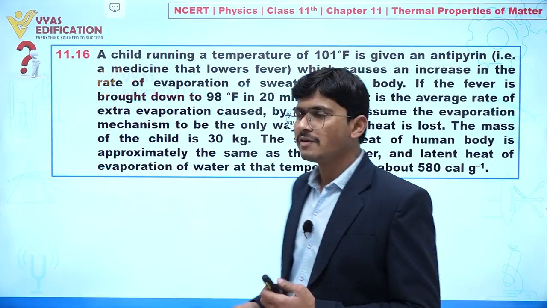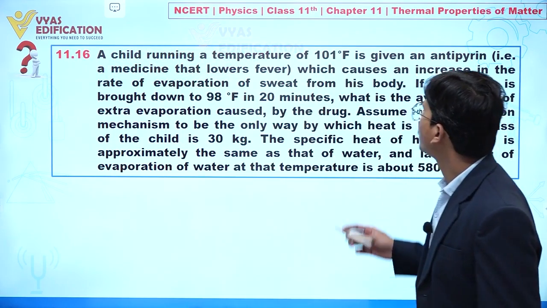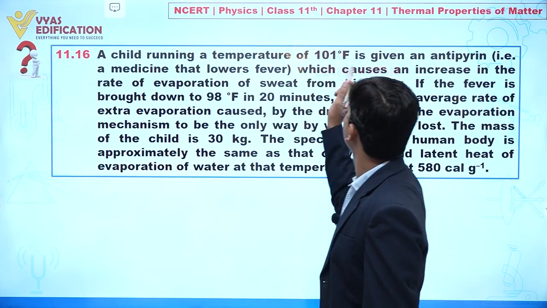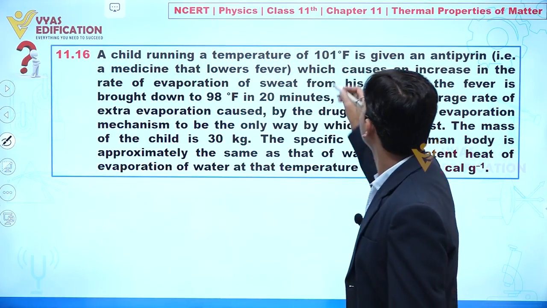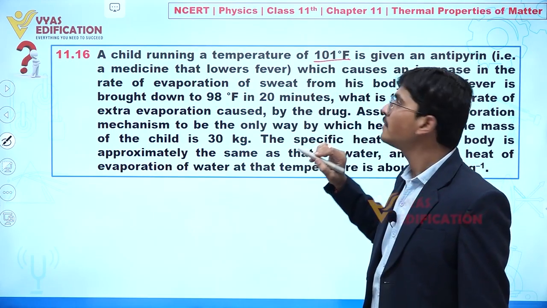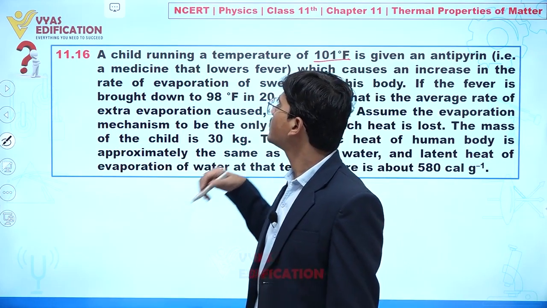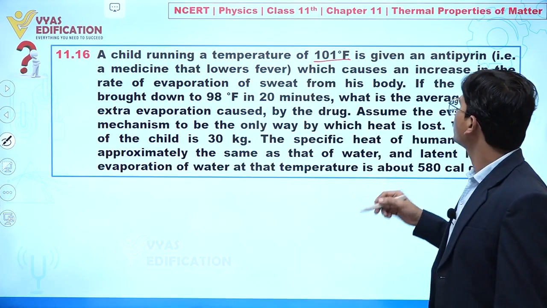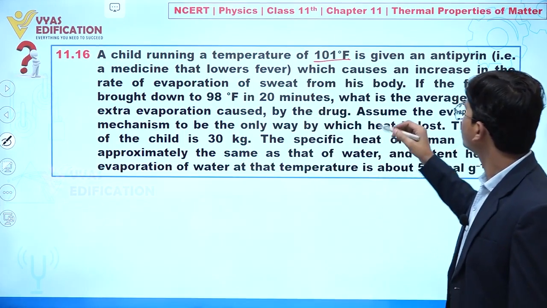In this question, a child running a temperature of 101 degrees Fahrenheit is given antipyrine. Antipyrine is a medicine that lowers fever, which causes an increase in the rate of evaporation of sweat from his body.